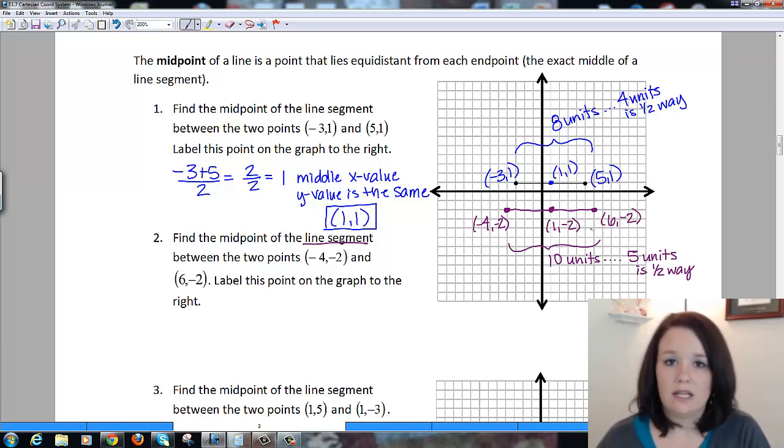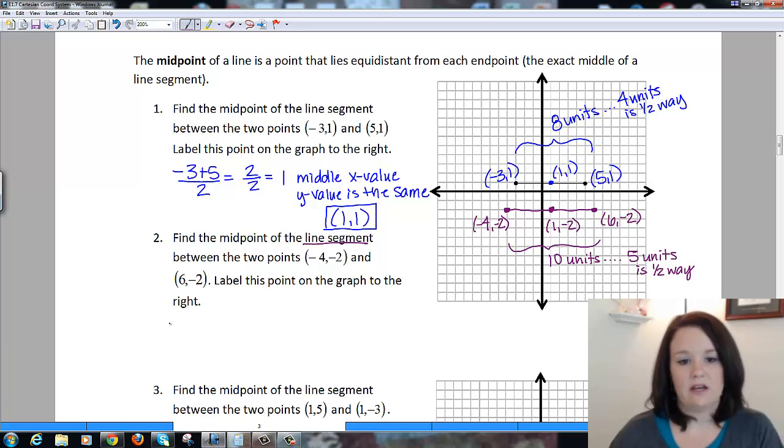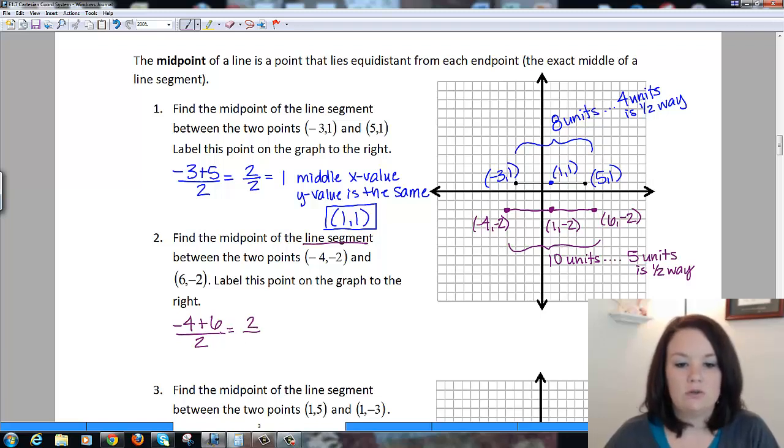Or I can think about it again of just averaging my x values. Okay, my y's all go through -2 because they're all on that line. So if I were to average my x values, I could do -4, which is my first x value, plus my second x value, which is 6, and then take the average by dividing it by 2. So -4 plus 6 is 2. When I divide that by 2, I get 1.